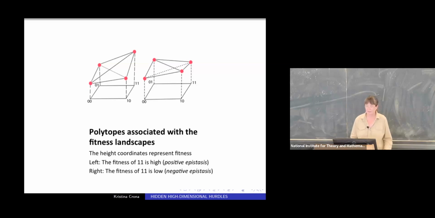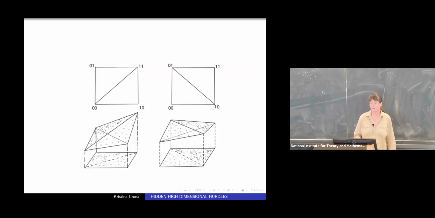If we think about the upper envelope of this polytope, the roof of this building, and we project it down onto the square, we get a triangulation of the square.